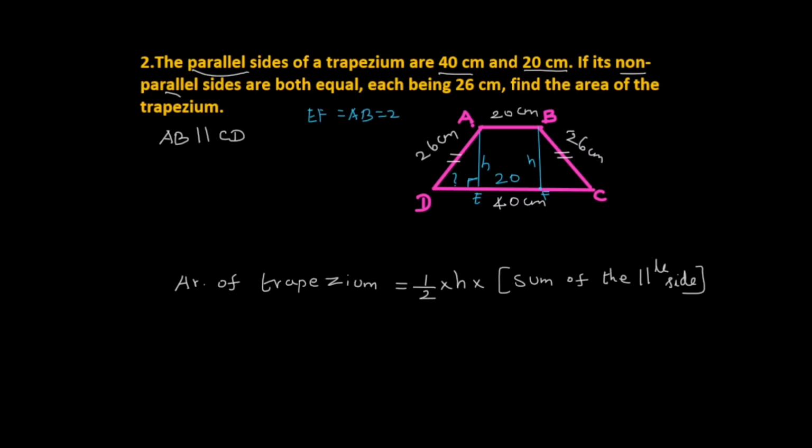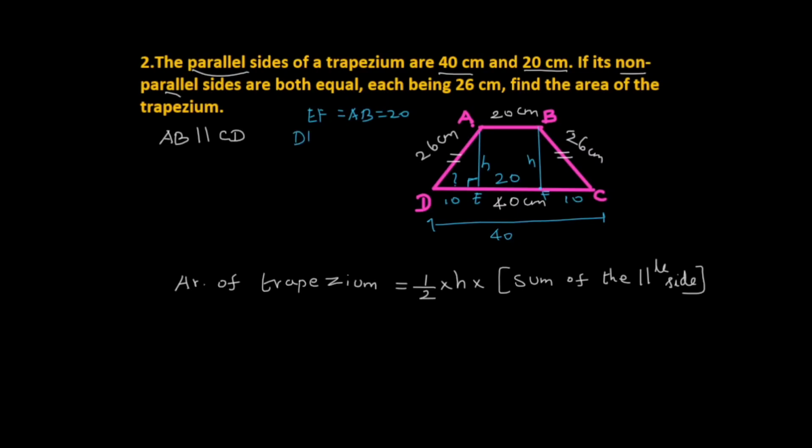Both are 20 centimeter. Now DC, the total length, is 40 centimeter, means EF is 20, remaining 20 centimeter. So it should be 10 on this side and 10 on this side.